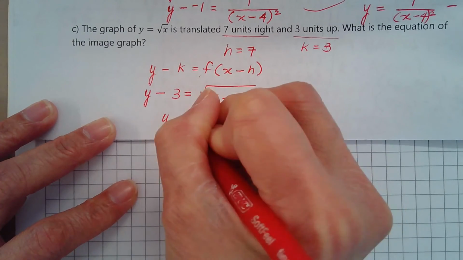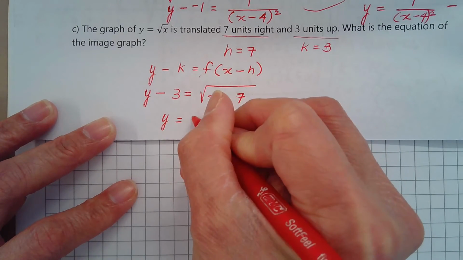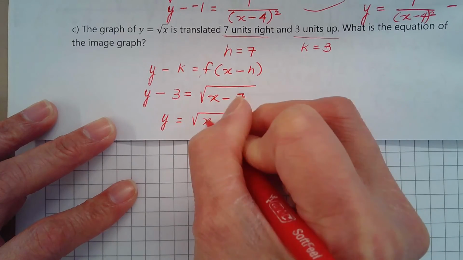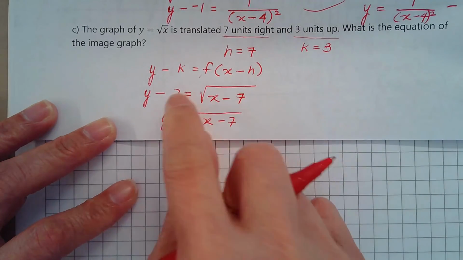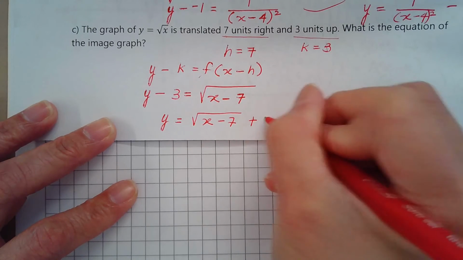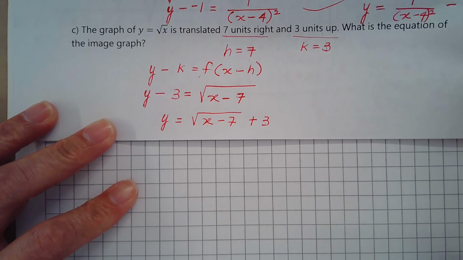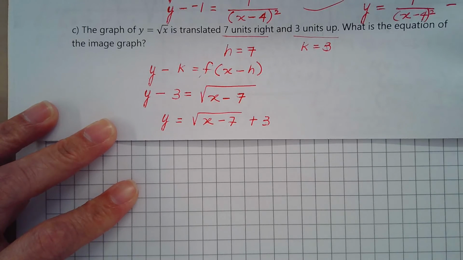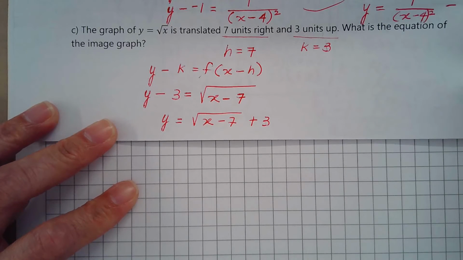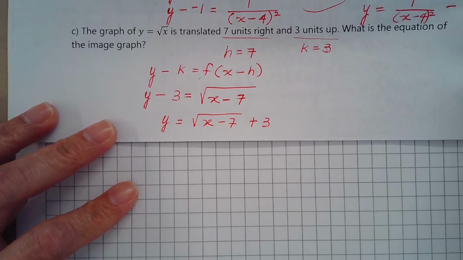We go y equals square root of x minus 7, and then bring that to the other side as plus 3. Okay? Any questions about letter C?